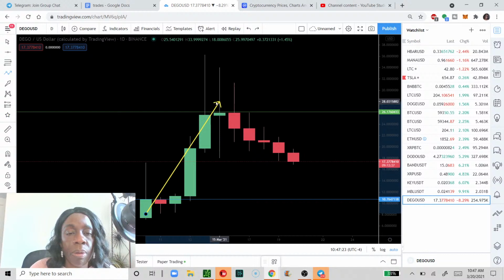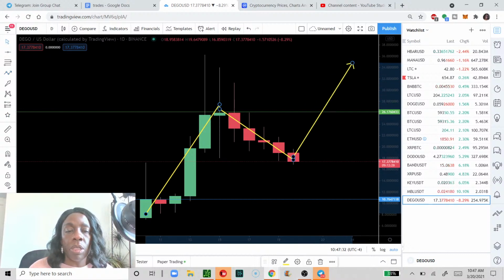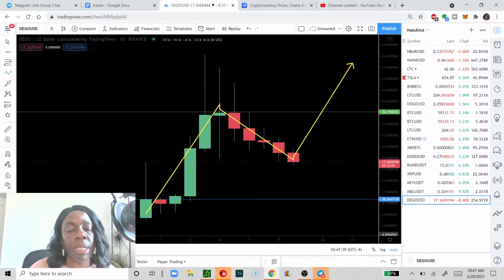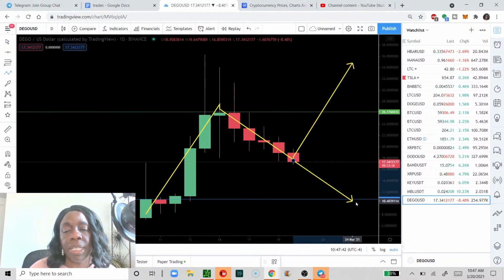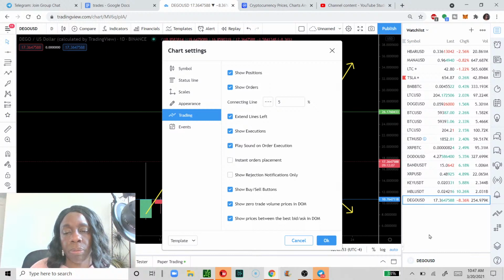We go up, we come down, then we go up. This is a healthy movement. So we expect this zigzag, but when this yellow comes down, we don't want it coming too far down. See, that's the problem. When it comes too far down, that's a full retracement. That is bad. Once it comes too far down below this support level, then you needed to be out of that long before. Okay, I hope I explained that a little.